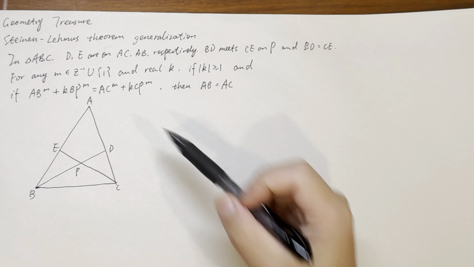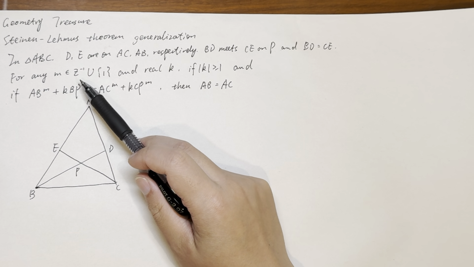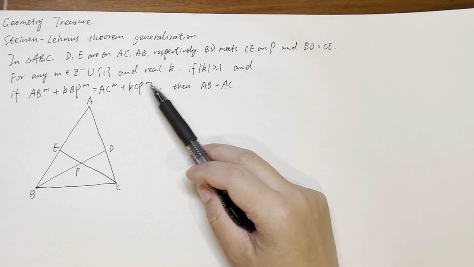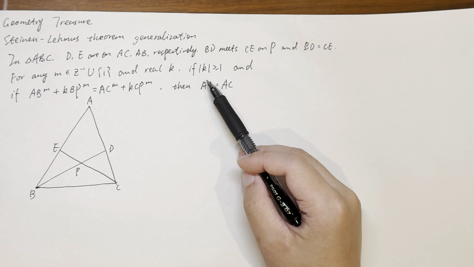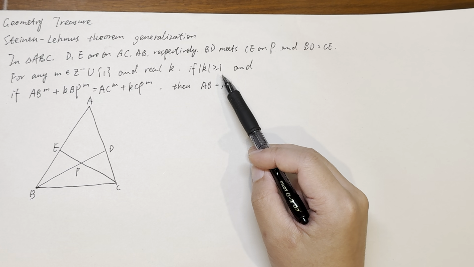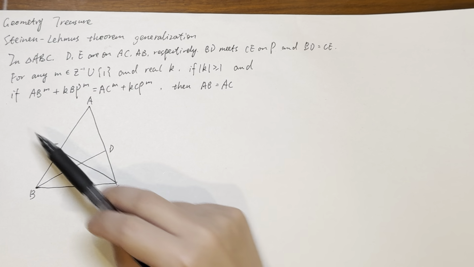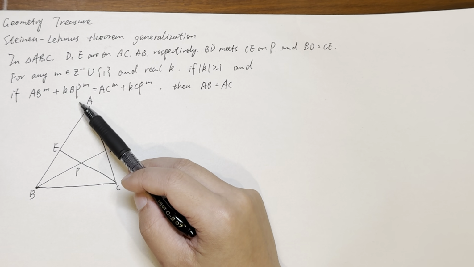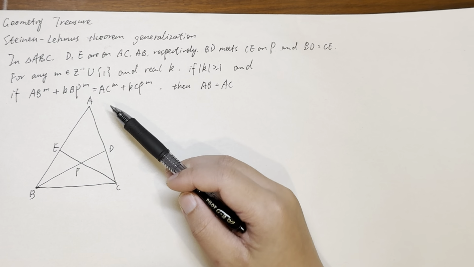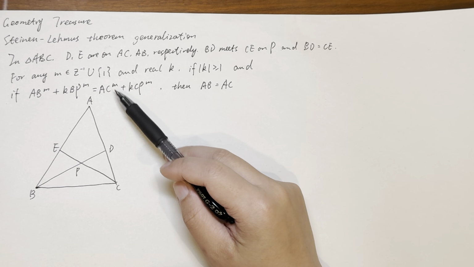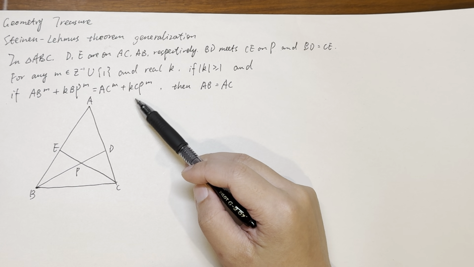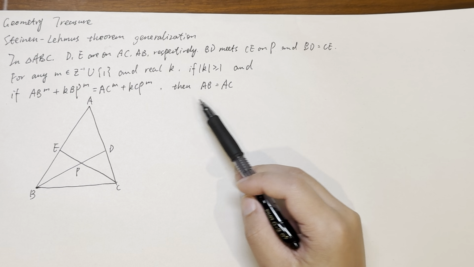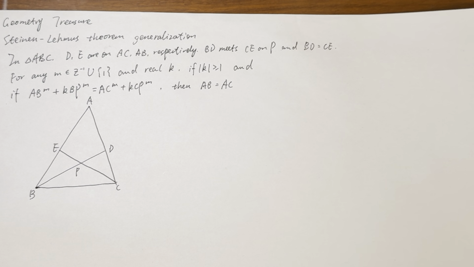For any m that belongs to the negative integers and 1, and for a real k with absolute value of k larger than or equal to 1, if AB to the power m plus k BP to the power m equals AC to the power m plus k CP to the power m, then AB equals AC.